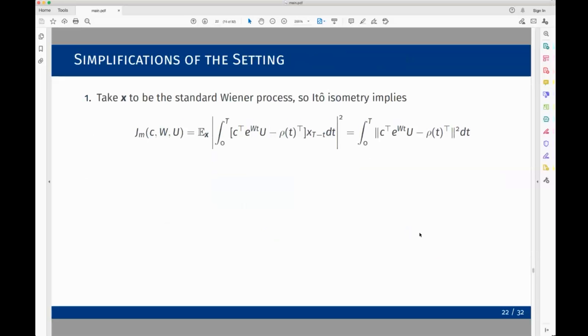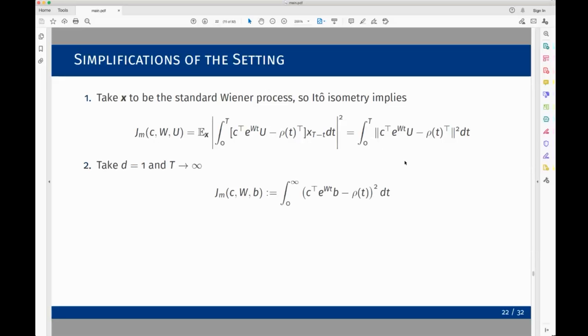To make our analysis amenable, we need to introduce certain simplifications. We will take X to be the standard Wiener process, so we can apply the isometry to get rid of the expectation over X. It becomes the L2 difference between the two kernels.